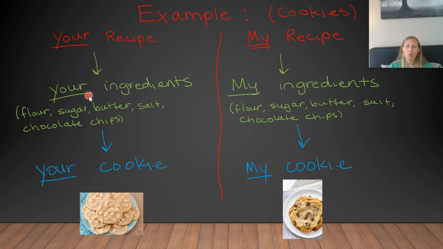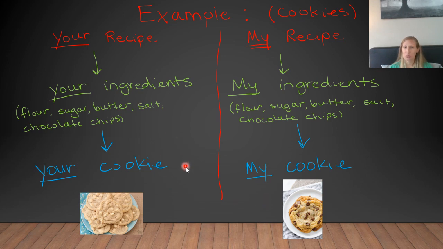You gather your ingredients: flour, sugar, butter, salt, chocolate chips. I gather my ingredients: flour, sugar, butter, salt, chocolate chips. Same kinds of ingredients. But my cookie is a milk chocolate chip cookie, and your cookie is a white chocolate chip cookie.